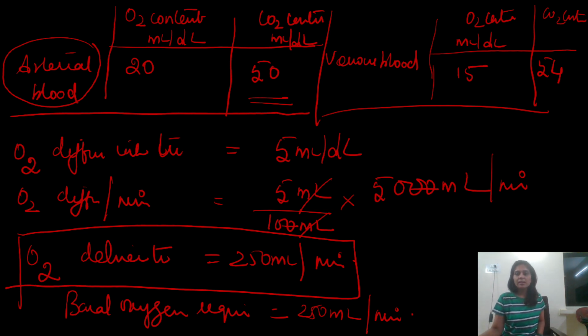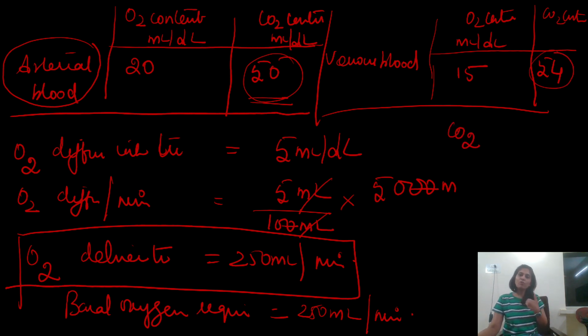Okay. Now look at carbon dioxide values. From 50 ml, it has become 54 ml. So what is the carbon dioxide taken off from tissues?